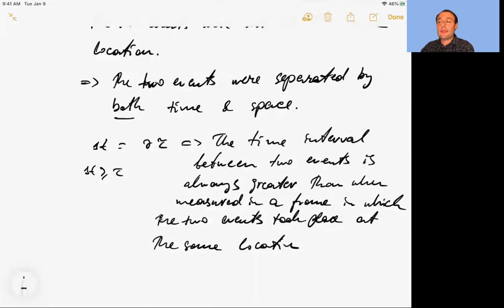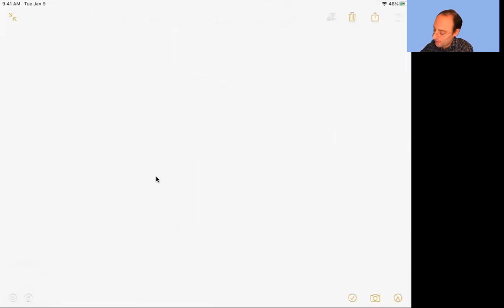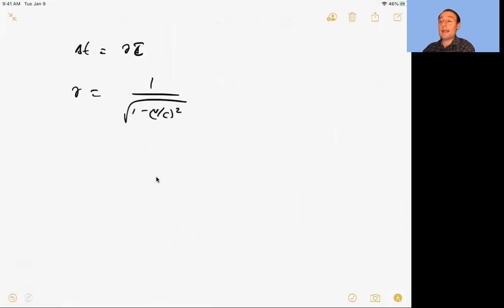How big is this effect? Well, remember, delta t equals gamma tau, okay? And gamma equals 1 over the square root of 1 minus (v over c) squared, okay? Let's say the spaceship is the spaceships that we have right now, the International Space Station.